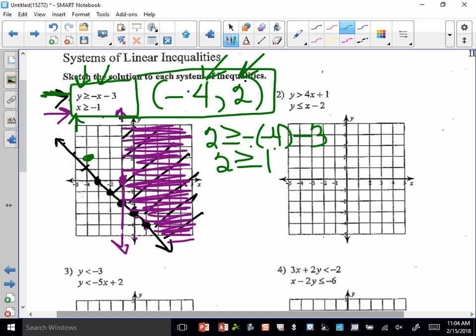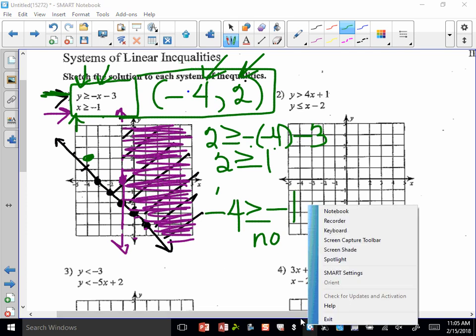X is, sorry, negative 4. And is negative 4 greater than or equal to negative 1? That's a no. So that means, again, because if it doesn't say yes to both, then it's not a solution. So that's how you would test it algebraically, by substituting the numbers into the problem. Are we okay with that?